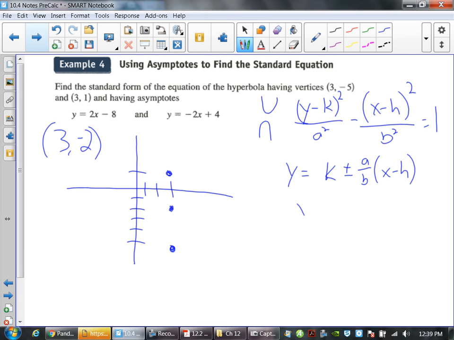I'm going to have (y + 2) quantity squared, (x - 3) quantity squared. I also know what my a value is. My a value is 3, so a squared is 9. So I know that much.